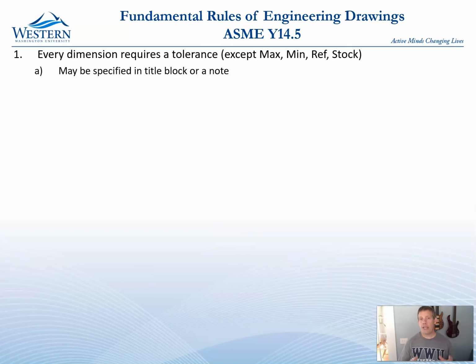You need to make sure that all of your dimensions, if you're relying on that blanket tolerance, have to match one of the blanket tolerance listings. We'll look at that a little bit more in a minute. And then the other exception to this is for boxed dimensions or basic dimensions, and we'll talk about those in a couple of slides.